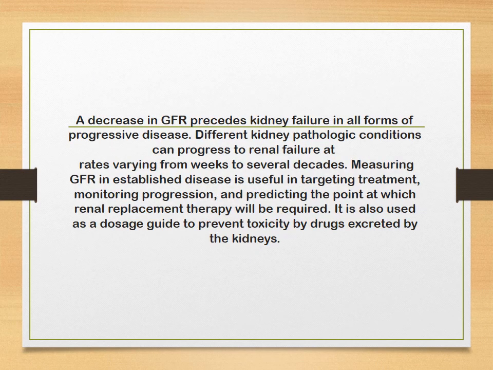Usually a decrease in GFR precedes kidney failure in all forms of progressive disease. Measuring GFR in established disease is useful in targeting treatment, in monitoring progression, in predicting the point at which there is need for renal replacement or dialysis, and also in defining the dose of drugs to prevent toxicity.